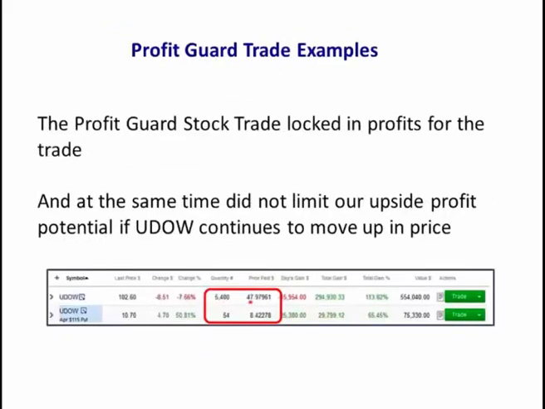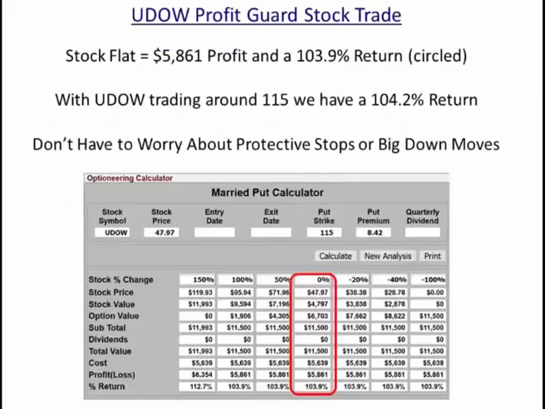The cost basis was $47.97, and we purchased 54 of the 115 strike puts at 842, and that allows us to lock in a profit of 103% if the stock was flat at option expiration.